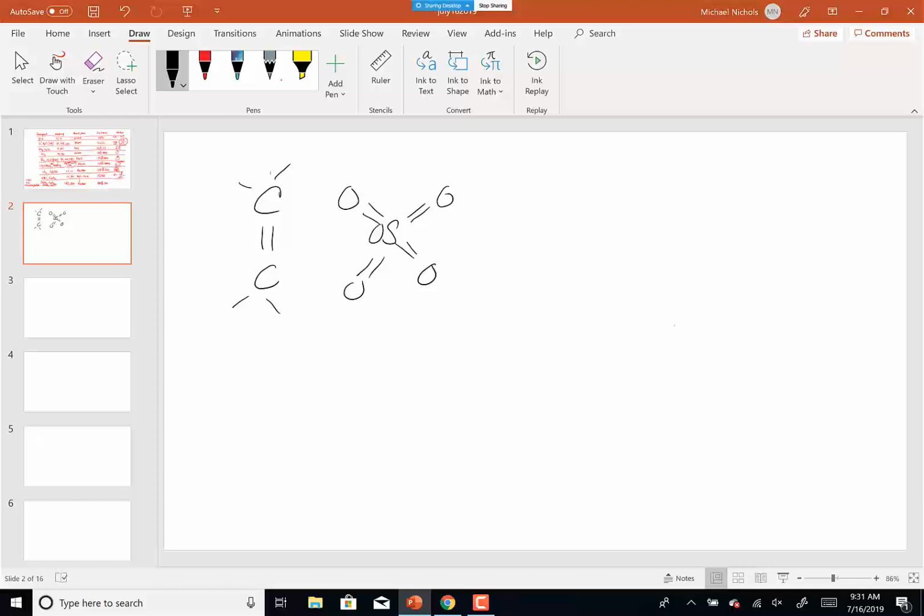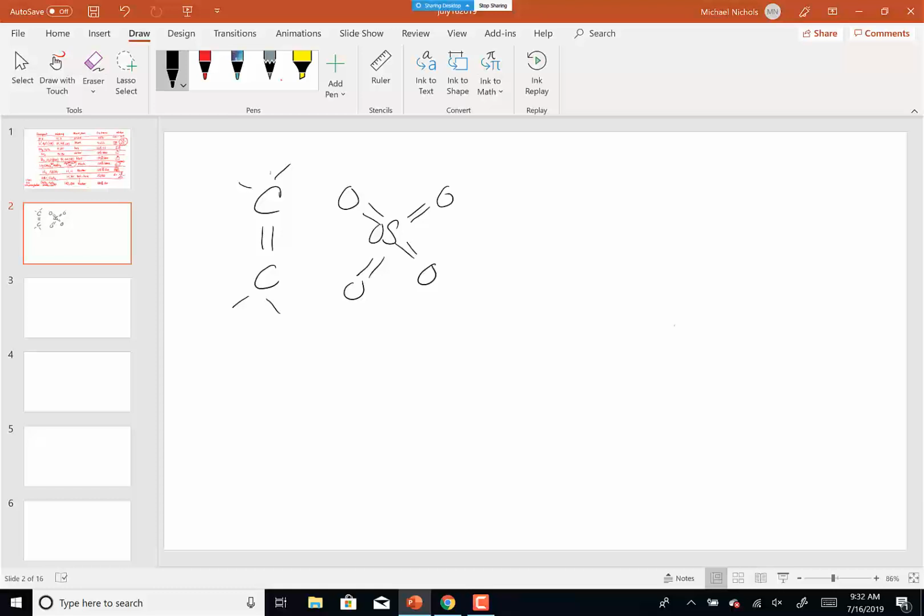Osmium is way down on the periodic table over there somewhere. It's number 76, so it can form 1, 2, 3, 4, 5, 6, 7, 8 bonds. That's allowed for osmium because it's got some d orbitals that it can use. Plus it might have some f's too.